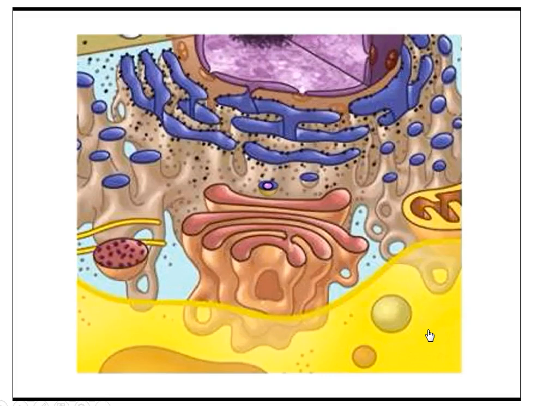The vesicle travels through the cytoplasm to the Golgi apparatus. The Golgi apparatus modifies the protein. The protein is dispatched from the Golgi in a transport vesicle that then fuses with the plasma membrane, releasing the protein to the outside of the cell.